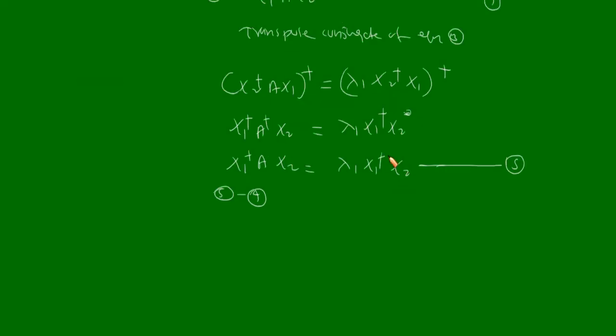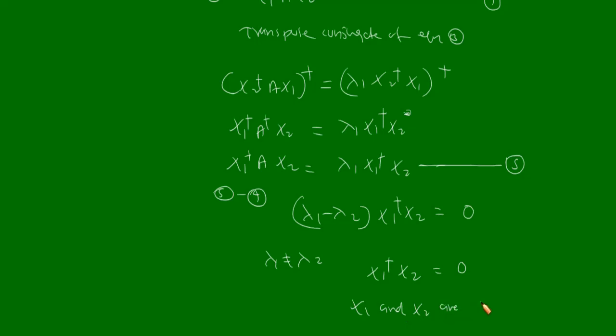So 5 minus 4 gives lambda 1 minus lambda 2 into x1 dagger x2 equal to 0. Now as eigenvalues are different, lambda 1 is not equal to lambda 2. That means we must have x1 dagger x2 equal to 0. And if x1 dagger x2 is 0, this means that the eigenvectors x1 and x2 are orthogonal.